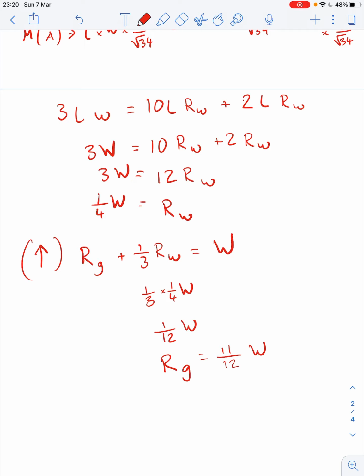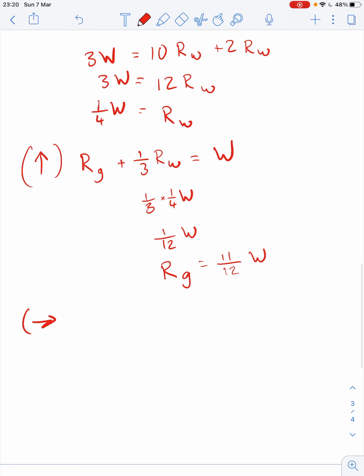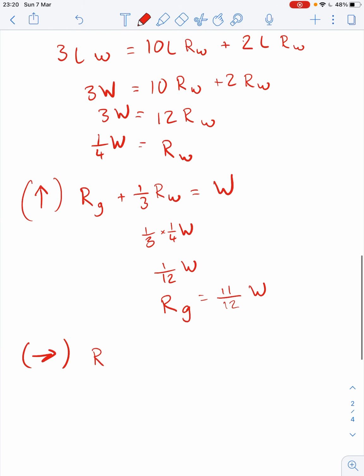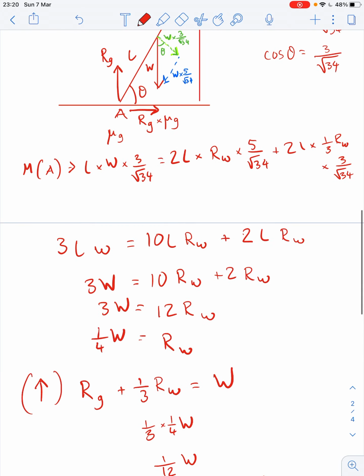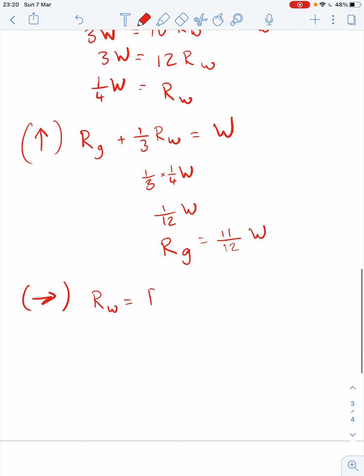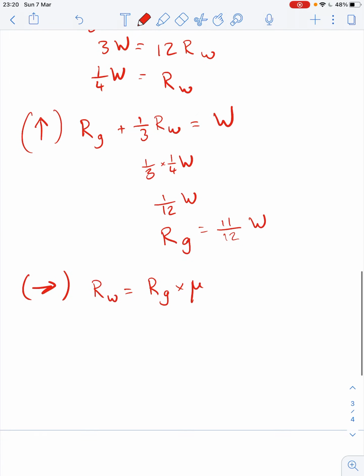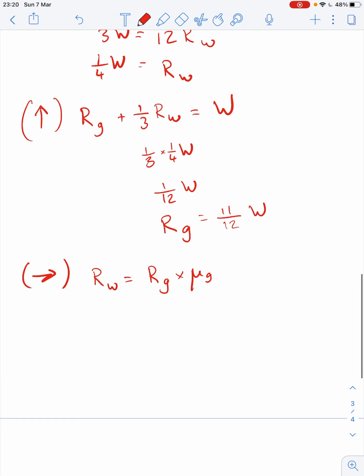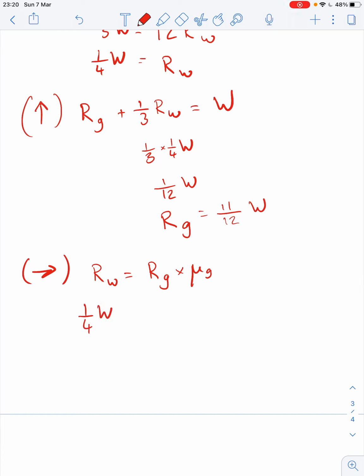Okay, and so finally, resolving horizontally, I know that RW equals RG times mu at G. So RW, which is a quarter W, is going to equal 11/12 W times mu at the ground.